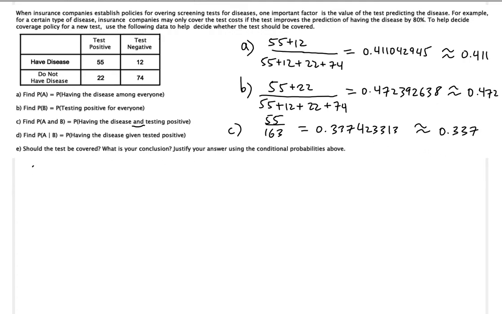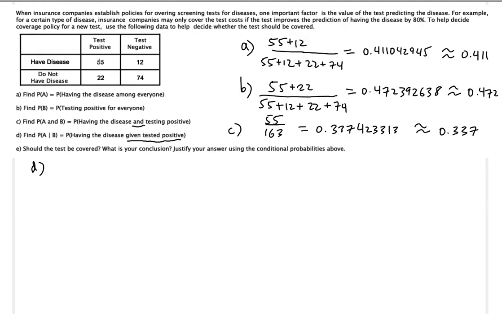Now the fourth event here is the conditional probability. Having the disease given tested positive. So given tested positive, what does that mean? We have to only limit ourselves to a certain part of a sample. So not everything now is going to be involved, but only a small part of the sample. The part that tells you the number of people tested positive.